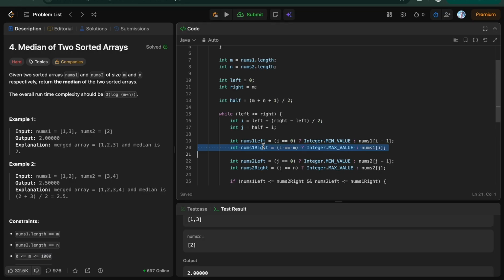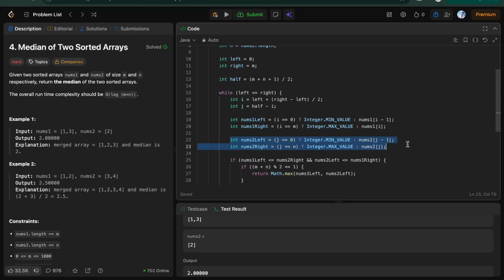This gets the smallest number on the right side of nums1. So if i is equal to m, that means everything in nums1 is on the left side. So if there's nothing on the right side, then we use the integer max value. Again, it's a fake very large number.